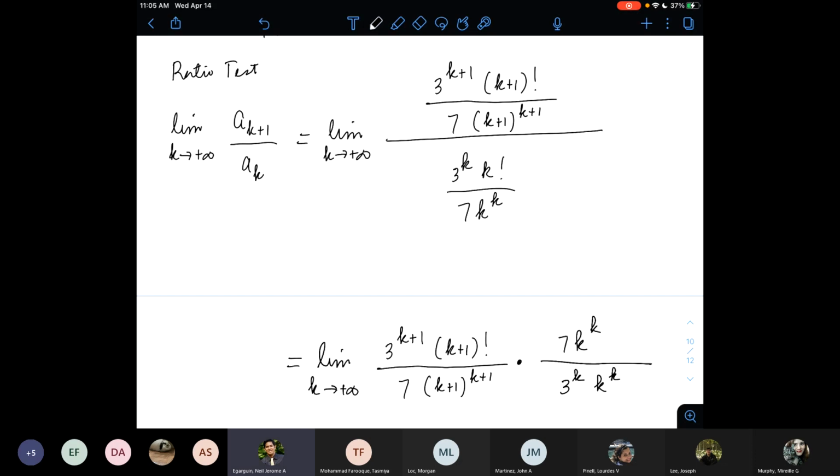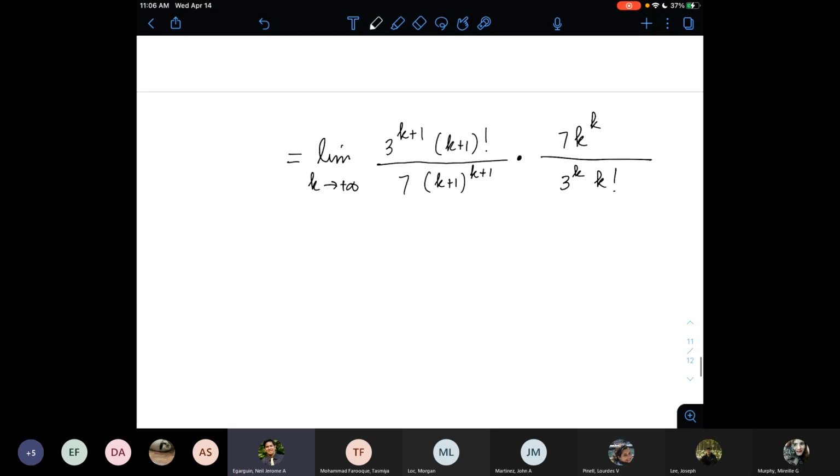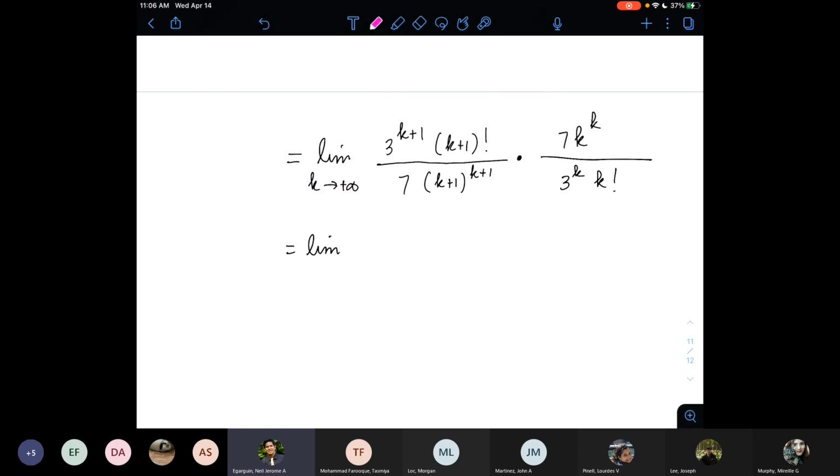What did I do there? Not k to the k, but k factorial, right? There we go. All right, then let's try to cancel factors out. So let's see, let me use a different pen here. Okay, so I have here 3 to the power k. That will cancel with the 3 to the power k+1 on top, but that will leave us with a 3 on top, right?